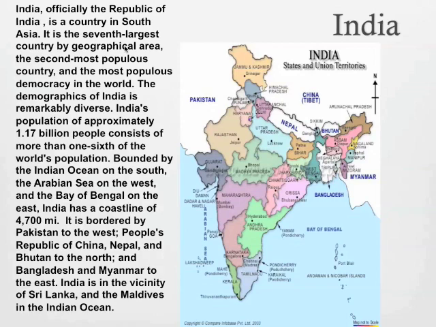It is bordered by Pakistan to the west, the People's Republic of China, Nepal, and Bhutan to the north, and Bangladesh and Myanmar to the east. India is in the vicinity of Sri Lanka and the Maldives in the Indian Ocean.